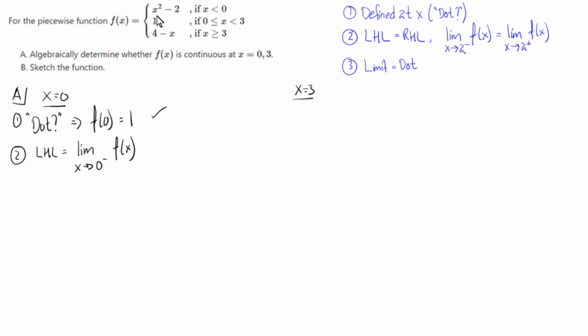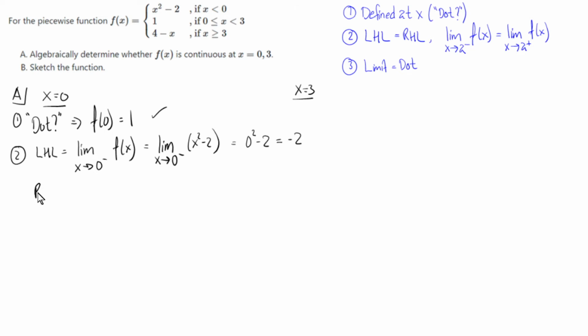So we're going to use this definition for f of x in this piecewise function. So we can rewrite this as the limit as x approaches 0 from the left of x squared minus 2. And now we can substitute in 0. So it's going to be 0 squared minus 2 equals negative 2. So that's the left-hand limit.